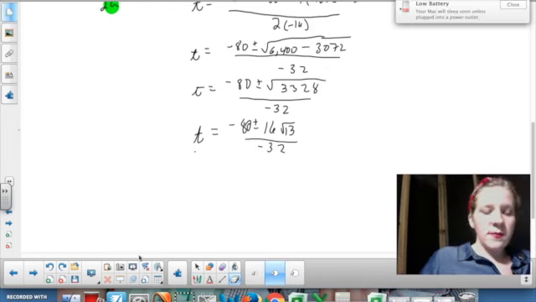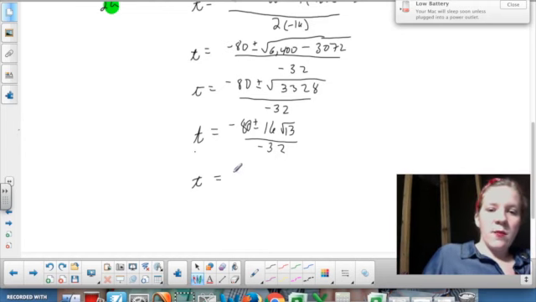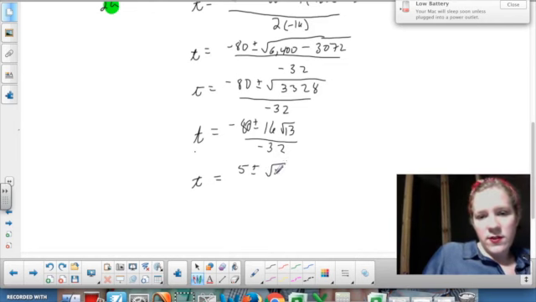So when I simplify this, I divide out the 16 out of each of these pieces, I end up with 5 plus or minus the square root of 13 over 2.